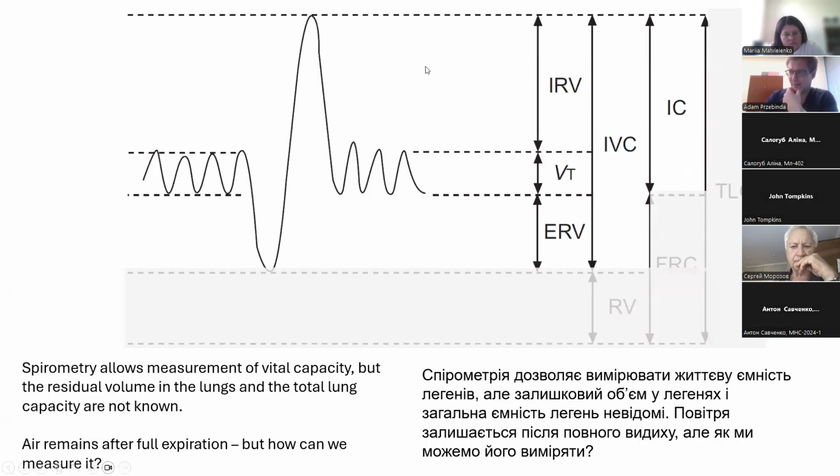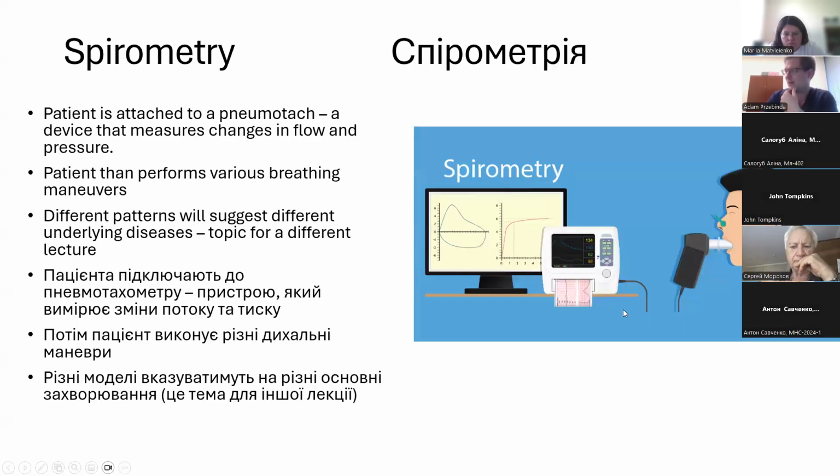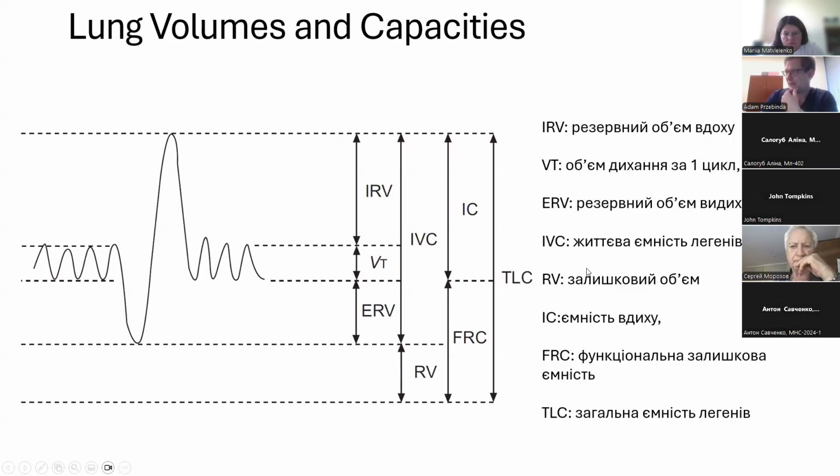And on this picture, what changes is this RV, the residual volume. It becomes enormous. And the lung capacity is big because the residual volume is big, because there's air left behind and trapped.